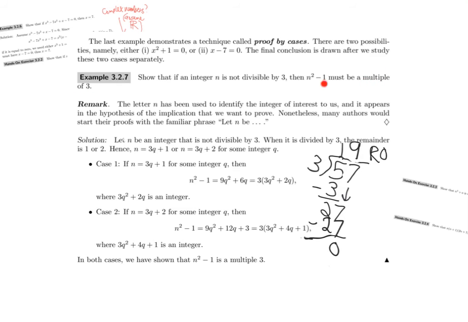It means I can write n squared minus 1 as 3 times some other integer. Okay. Again, how do we know that 3q squared plus 2q is an integer? Well, q is an integer. When I square q, I get an integer. Multiply it by 3, still an integer. If I take q, multiply it by 2, that's an integer. So now I have integer plus integer, which is integer.